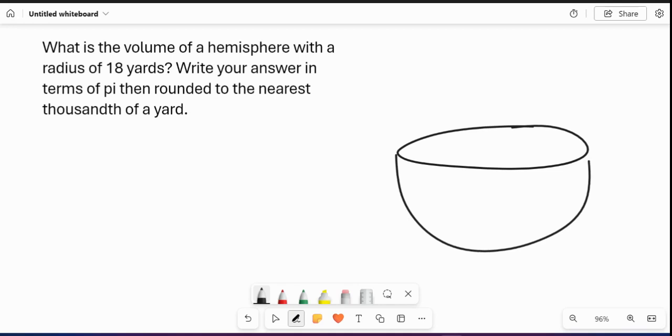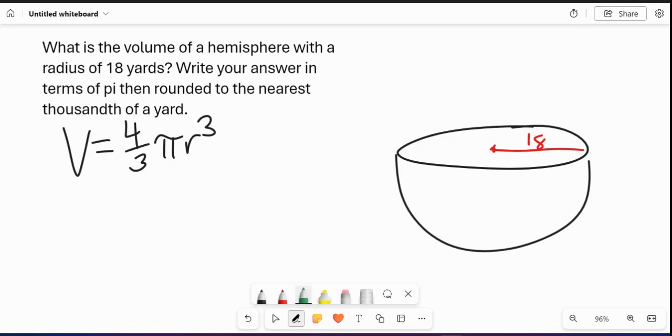All right, this one has a radius of 18. So that means from the center to the edge is 18. Now, a little bit different. We know the volume of a sphere is 4/3 pi r cubed. Now, what you could do is take this entire answer and divide it by 2 at the end, but we're not going to do that.